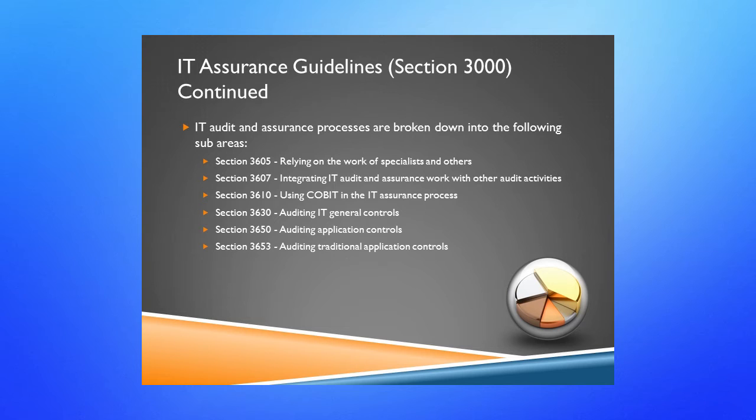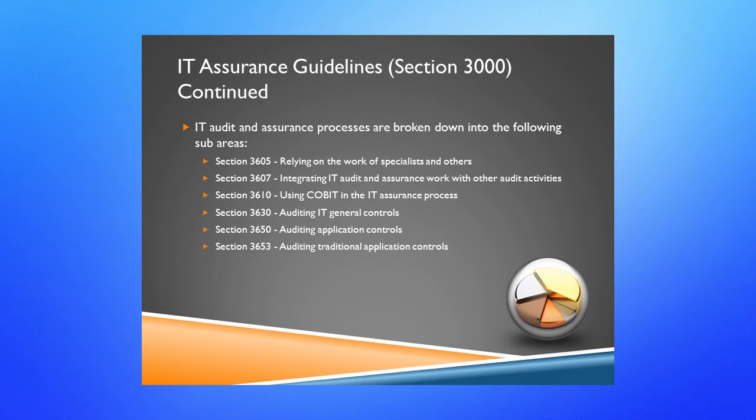And so, we want to look at some of those guidelines about working those together. Using COBIT in the IT assurance process, some guidelines for that, Section 3610. Section 3630, the auditing of IT's general controls. And then we look at the controls and some different aspects of what we do. We also have Section 3650 for the application controls and 3653 for auditing your traditional application controls.